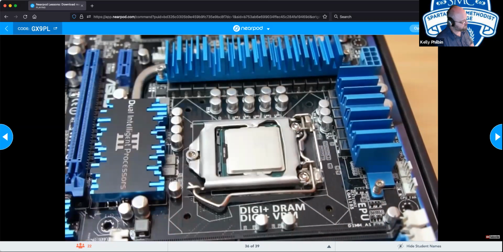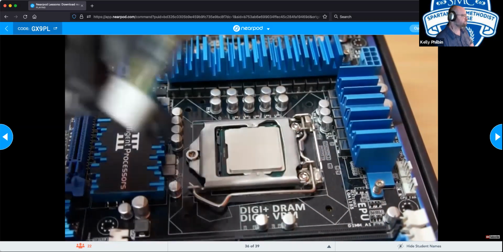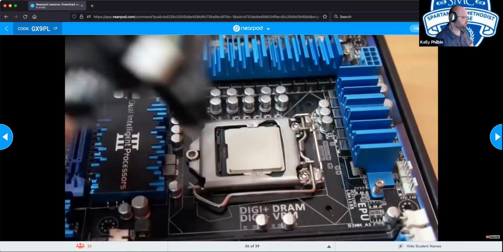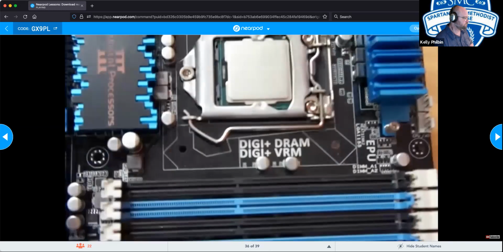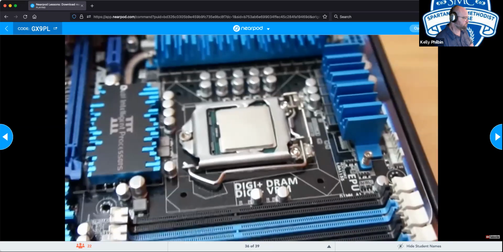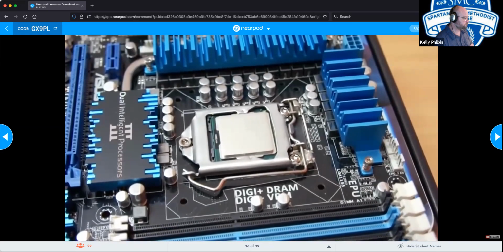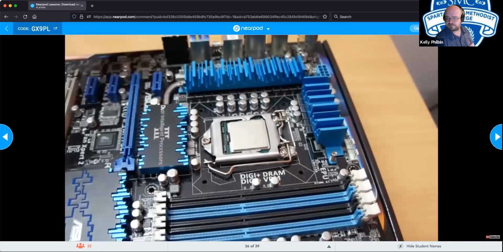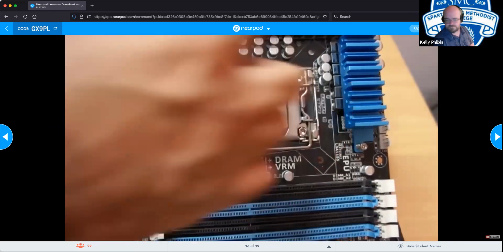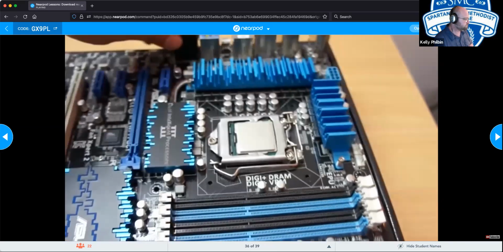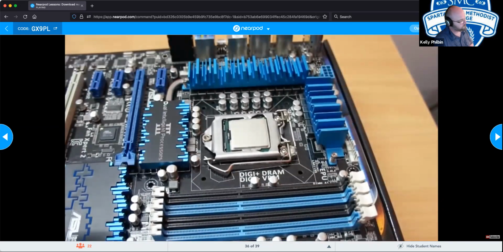Now we are going to install this fan on the same, and to do that it's also pretty easy. Let me show you the motherboard actually. Let me just zoom out a little bit. If you notice, we have these four holes over here, and our stock Intel cooler will mount there.